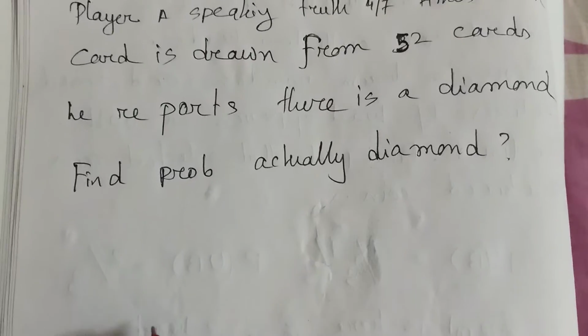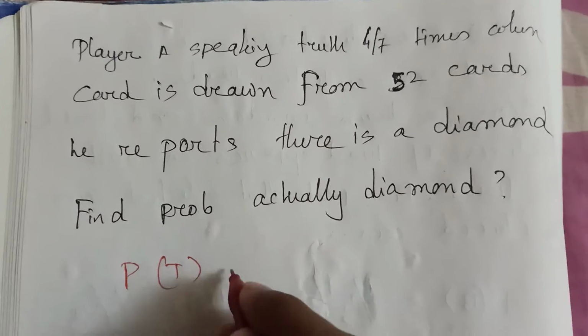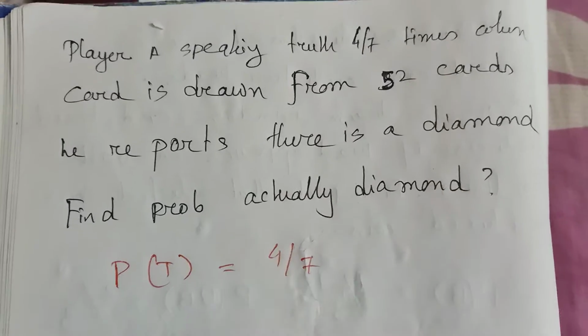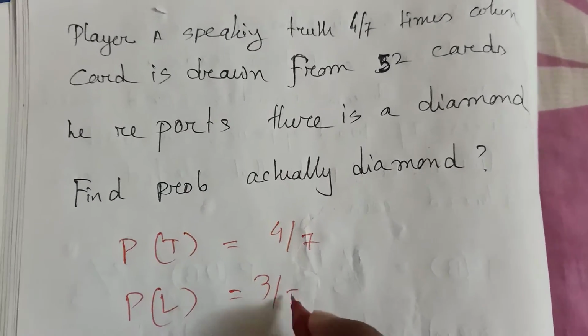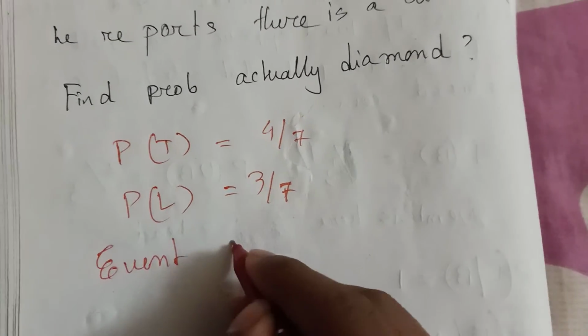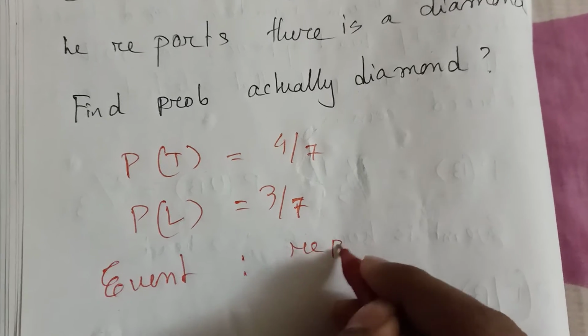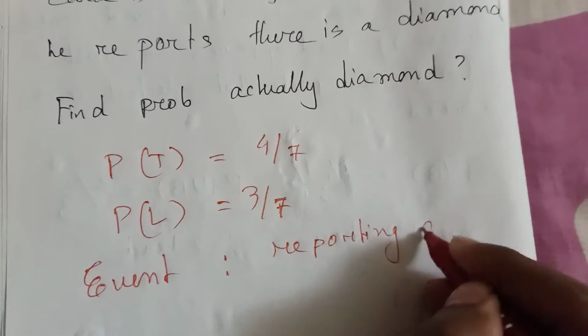So the probability of telling the truth is 4 by 7 and the probability of telling a lie is 3 by 7. Here the event E is the player reporting that the card is a diamond.